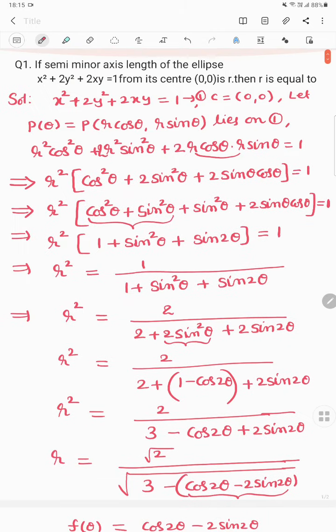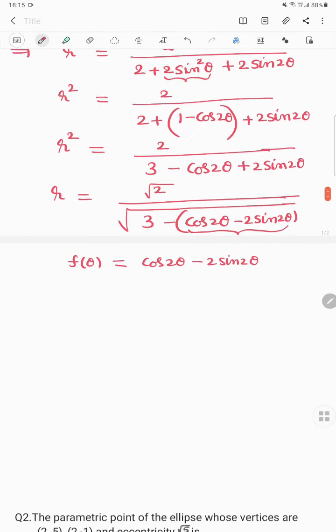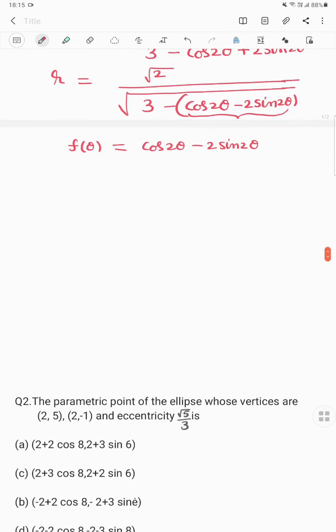So here they are asking maximum. Distance, generally minimum distance or maximum distance. So f of theta, this we have to compare with f of theta equal to a cos 2 theta plus b sin 2 theta.